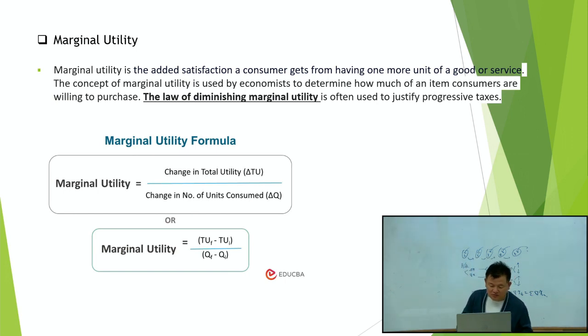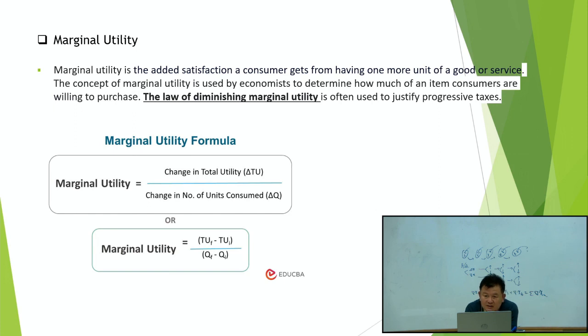This is marginal utility. The marginal utility formula is the change in the total utility divided by the change in the number of units consumed. It means marginal utility is the change in total utility, how much total utility changes, divided by the change in number.